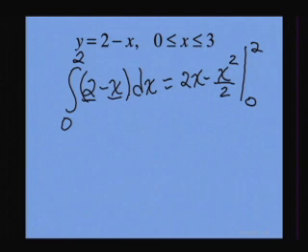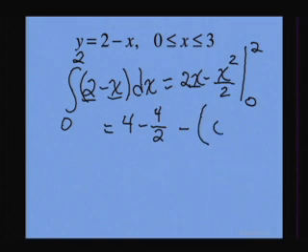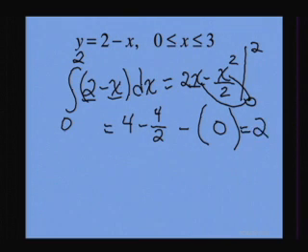And so we substitute those in. We get 2 times 2, which is 4, minus 2 squared, which is 4 over 2, and then minus 0, because you should realize now that plugging 0 into those x's will give us 0. So we get an answer here of 4 minus 2 for 2. So the area of the first part is 2.